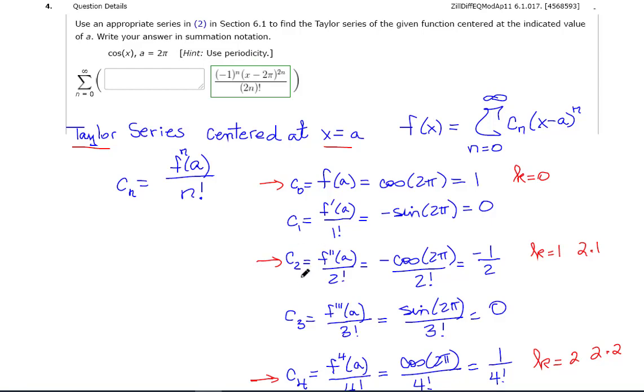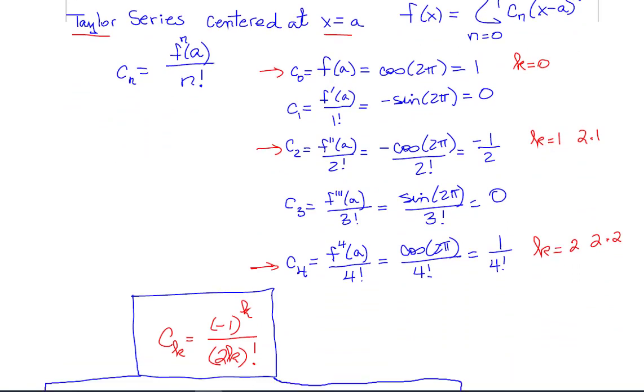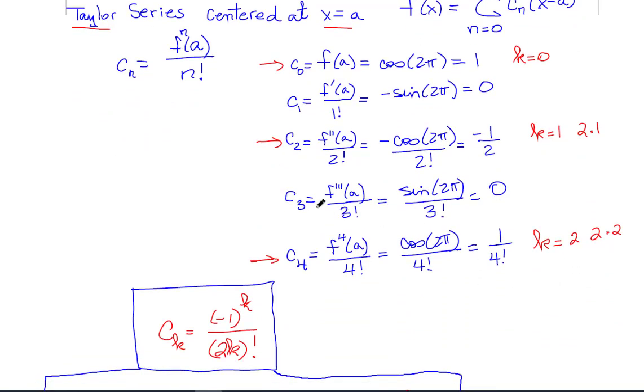So for this C2 term, that's the second derivative, I'm back to a cosine, and so I get -1. C3, I'm back to a sine. Sine is 0. C4, back to a cosine, which now, because I've alternated with plus minus plus, is a positive cosine, which is a 1.